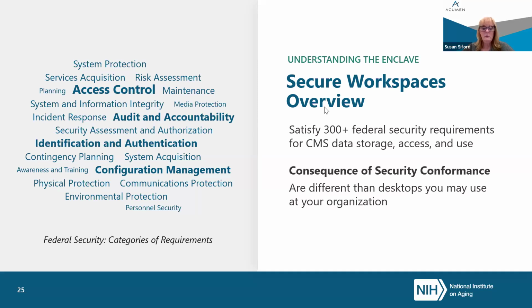One is issued by the Centers for Medicare and Medicaid Services, which allows the linkage team to store and allocate access to CMS data. The second is an authority to operate granted by the National Institute on Aging, which grants permission to store NIA-funded study data and CMS data to be used for purposes of NIH-funded research.